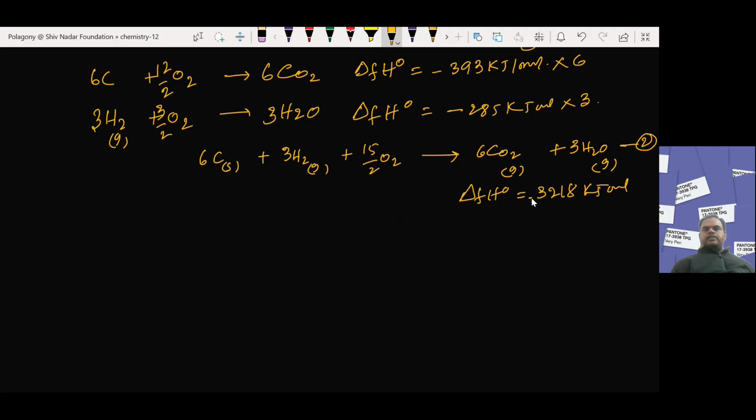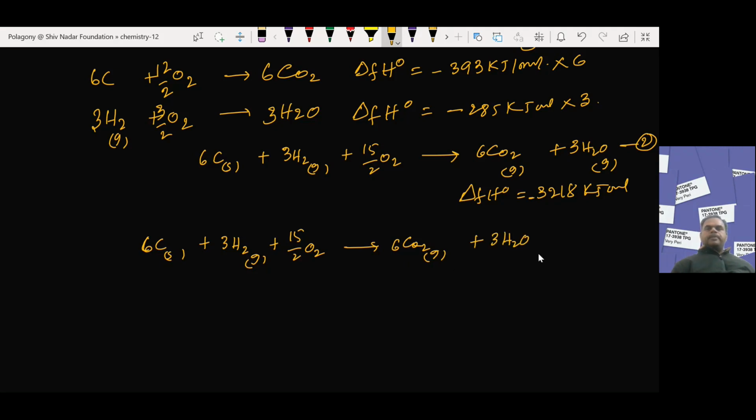So now from this, it is also exothermic. What is equation 1? 6C solid graphite combined with 3H2 hydrogen gas plus 15 upon 2 of oxygen will produce 6CO2 gas plus 3H2O water.